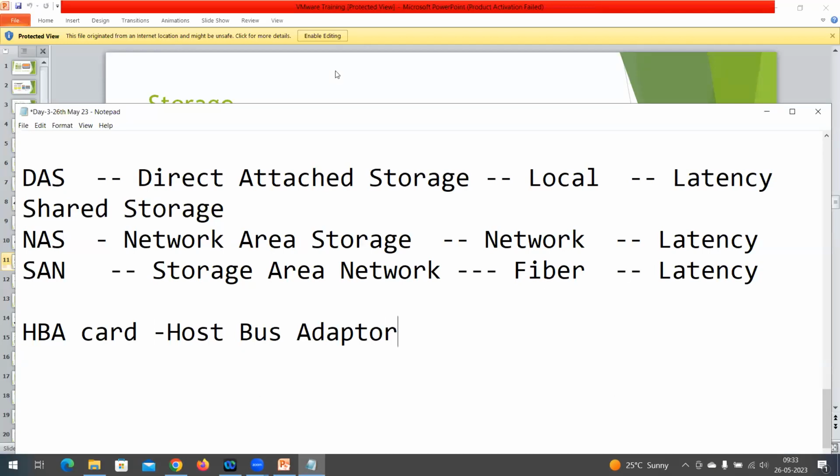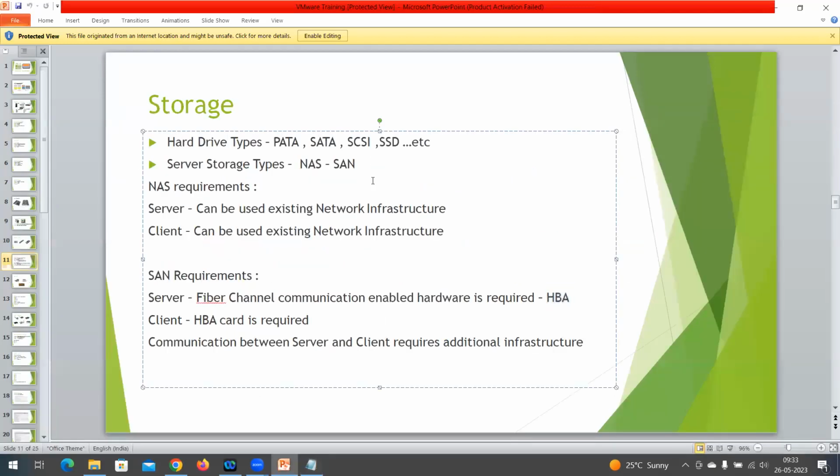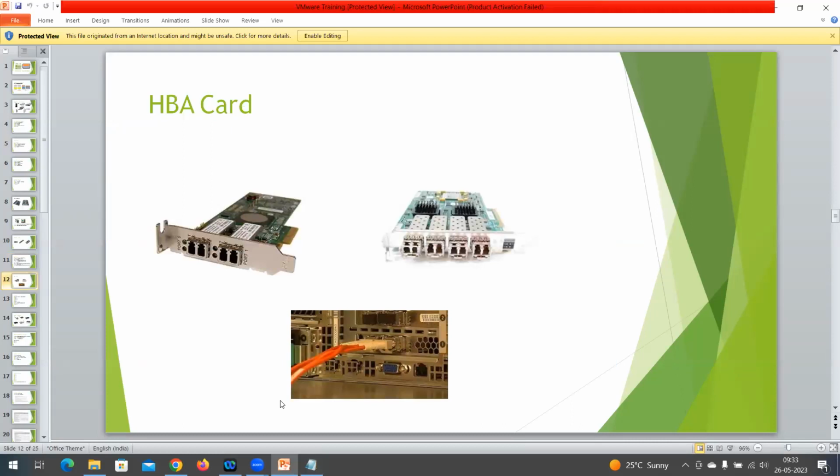How does it look? This is an HBA card, wherein we insert fiber optic cables into this particular card to establish SAN communication. This specific card should be available on the storage server as well as the client system so that it can communicate with the SAN storage server to get the desired storage.